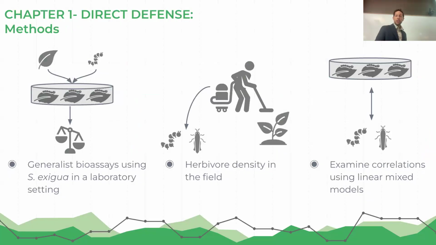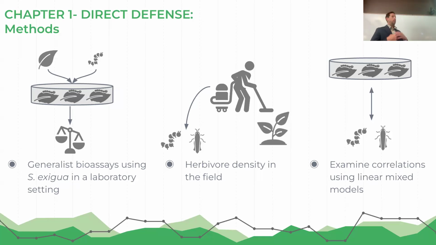And so for question number one, the method we used to try to address this question was a single assay that is very commonly used in defense research, called a generalist bioassay. It's generalist because we're using a generalist herbivore that can consume many different species of plants, Spodoptera exigua, and we will take that herbivore and put it in a laboratory setting, and feed that herbivore leaves of all the plants in our study system.